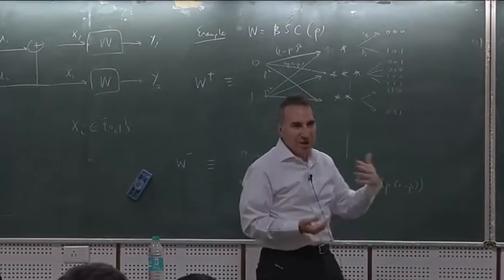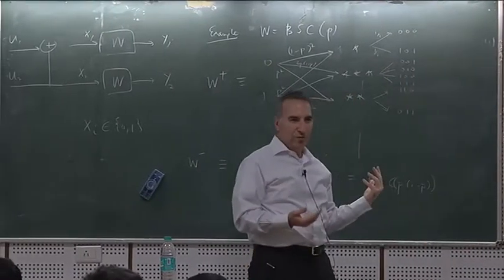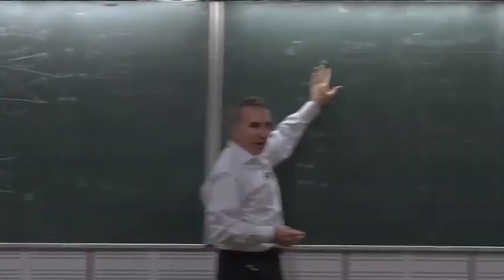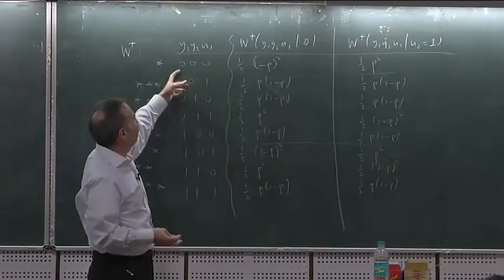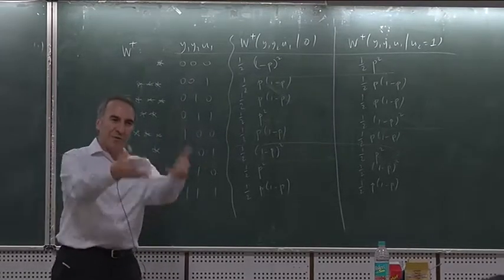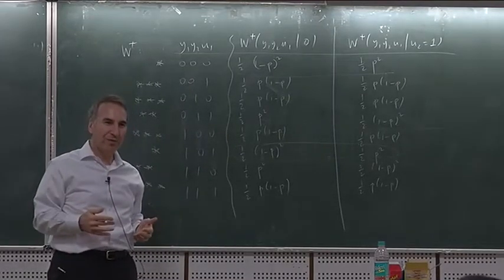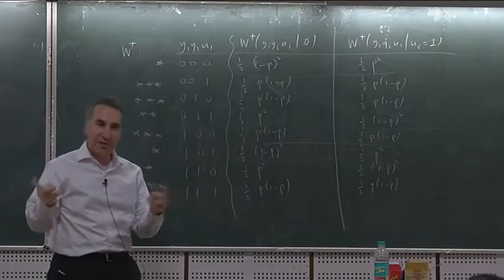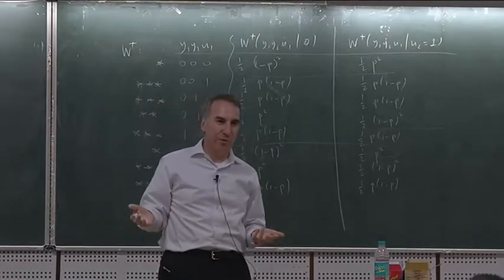At the same time, the big channel can simulate the small channel, because I'll do the following thing. I run the big channel. If I observe a 0, 0, 0 or 1, 0, 1, I'll declare a star at my output. Since these two channels can simulate each other, they must be equivalent.